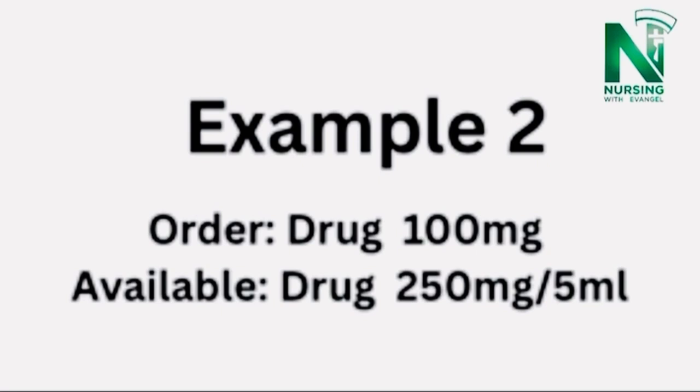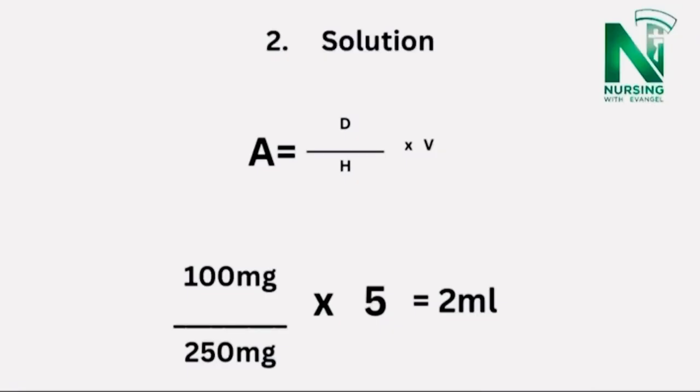That is your V. And then the H, that is the amount you have in hand, is 250 milligrams. So plug that into the formula we have. So we have your D as 100, you have your H as 250, and your V as 5. So let's do the calculation here. It's going to be a practical one. So I do mine and you do yours.